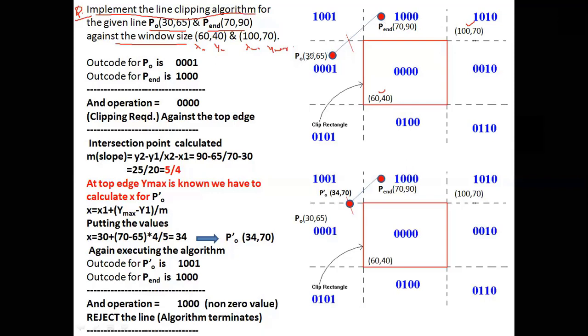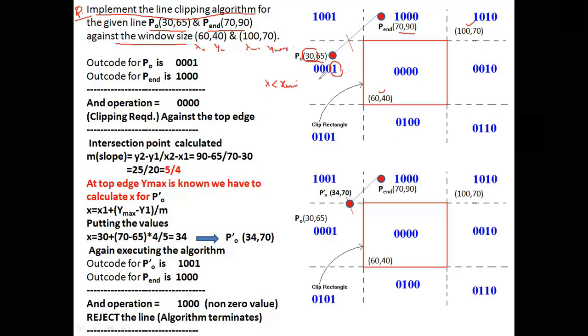The P naught point is given as 30-65, and P end is 70-90. Looking at this, X is less than X min, so this point is lying on the left-hand side and this bit will be 1.